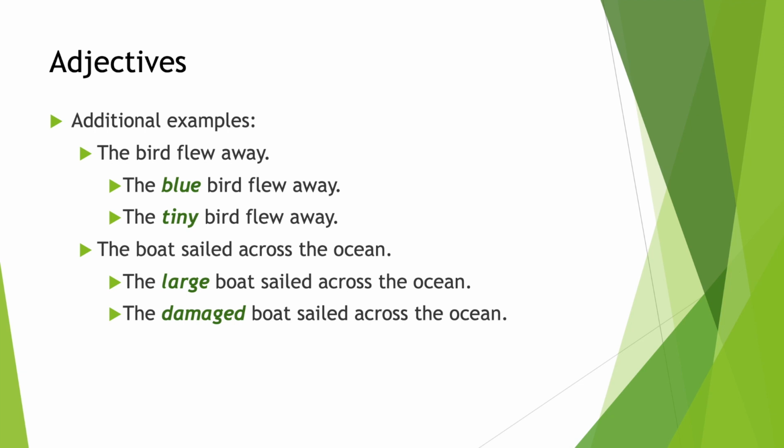We want to add a word to describe the noun or to tell us more about the noun. The bluebird flew away, or the tiny bird flew away. Both blue and tiny are being used as adjectives in these sentences.